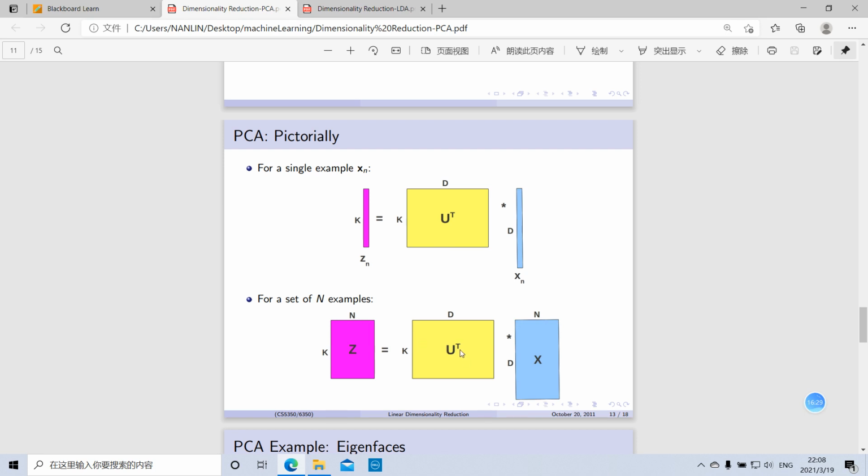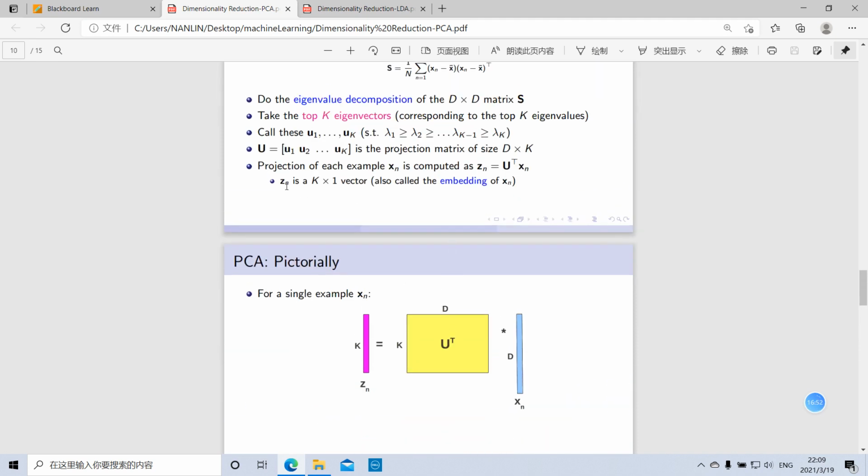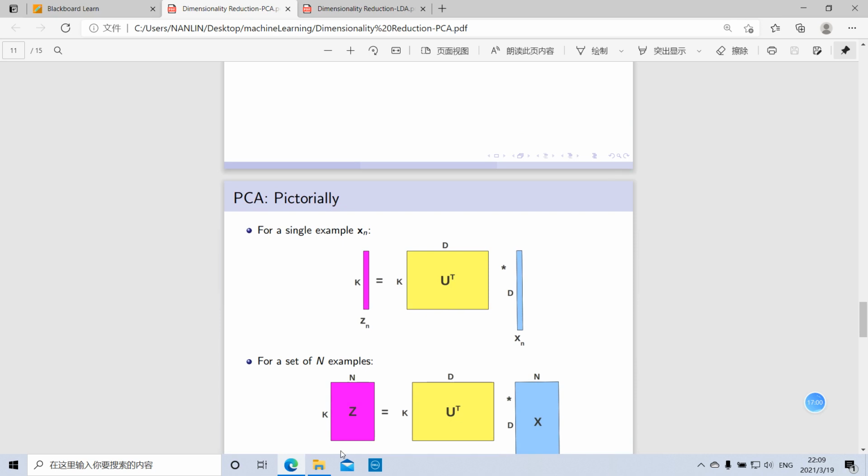It has nothing to do with the number of samples, so it remains more or less unchanged. So it's irrelevant to the number of samples. And then we use Z, which we generate here, calculated by this formula, and represent the original dataset given the knowledge of the projection matrix.